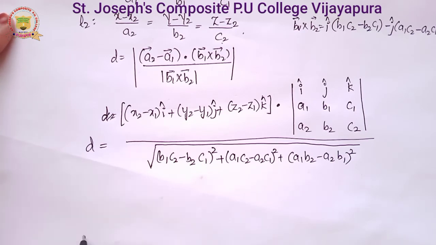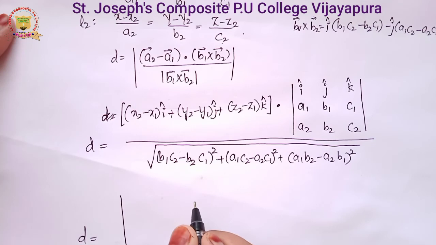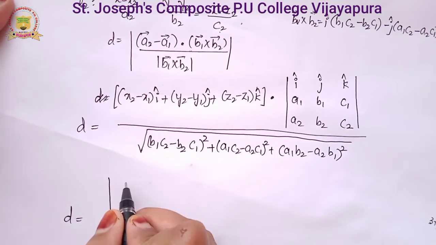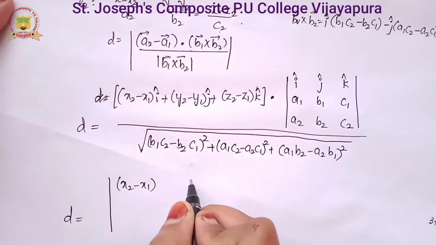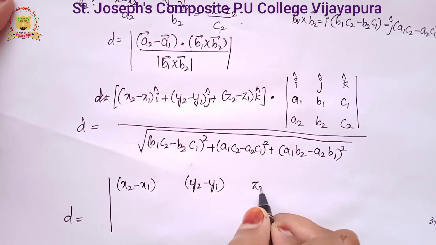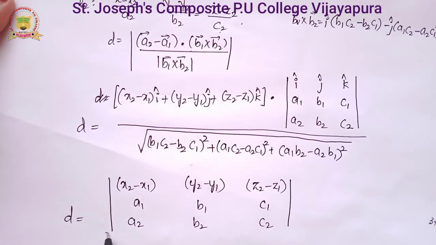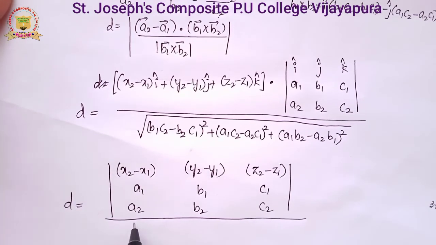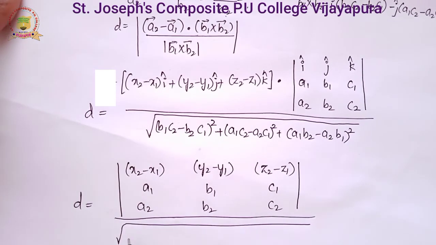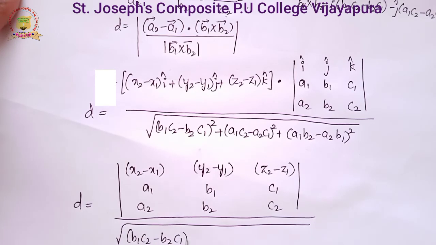Okay, so we get D is equal to the determinant of x2 minus x1, y2 minus y1, z2 minus z1, a1, b1, c1, a2, b2, c2, whole divided by root of b1 c2 minus b2 c1 whole square plus a1 c2 minus a2 c1 whole square plus a1 b2 minus a2 b1 whole square.